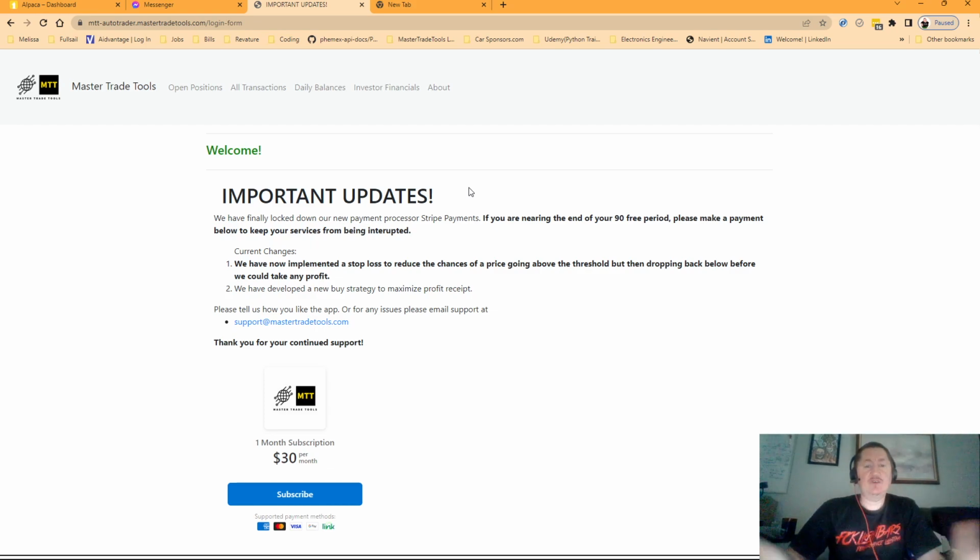After you've done that, this is the only thing that's going to show up after it has recognized that there has been a paper account created, where you change the dollar amount to the requested amount.